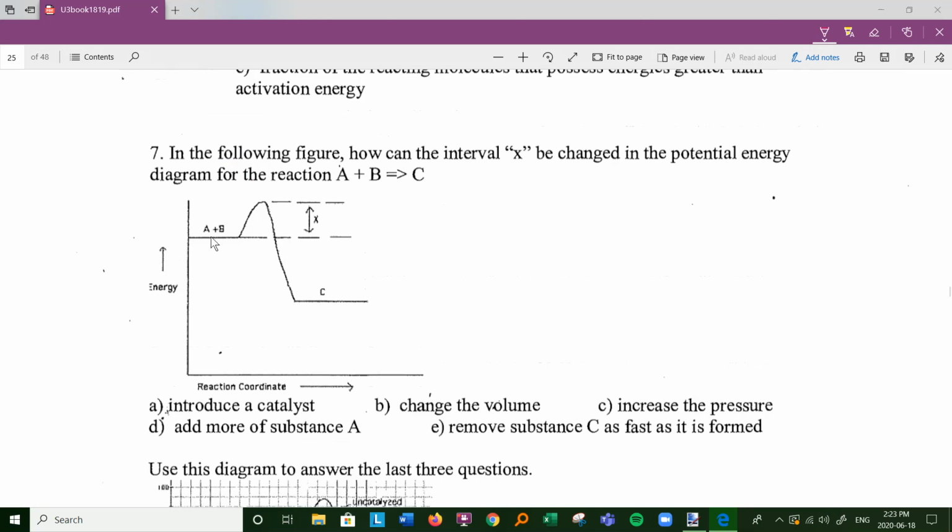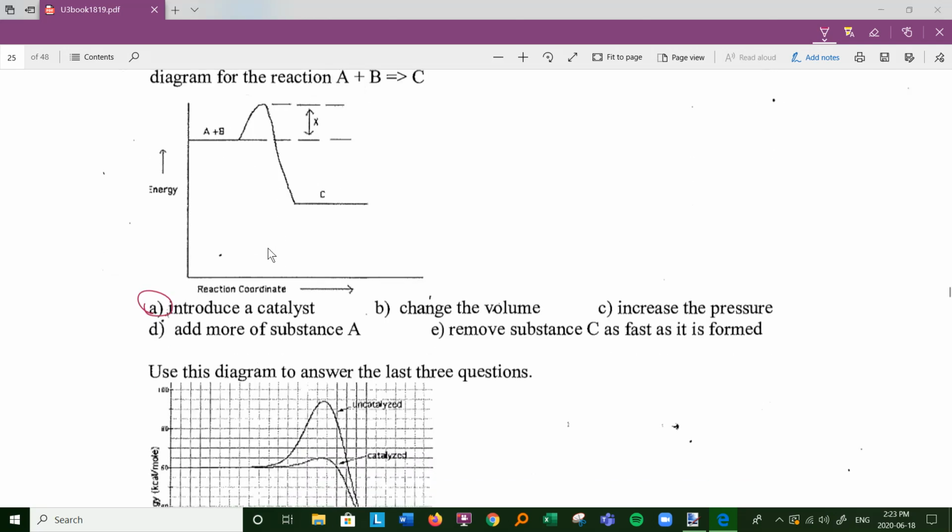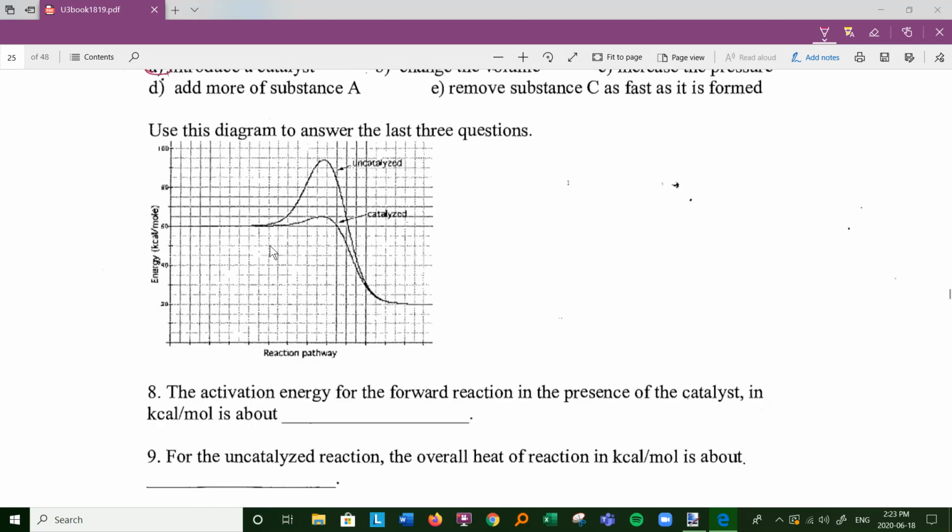Question 7, in the following figure, which is a potential energy profile, exothermic, how can the interval x be changed in the potential energy diagram? Well, you can lower it by introducing a catalyst. Okay, here we have a catalyzed and an uncatalyzed potential energy profile.